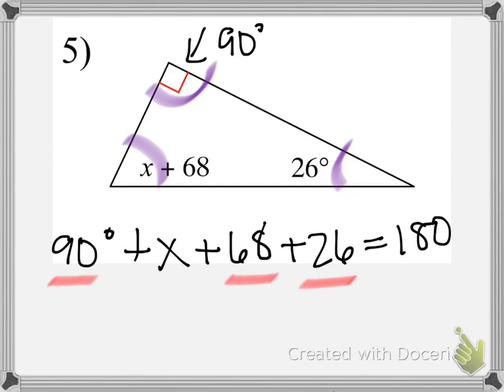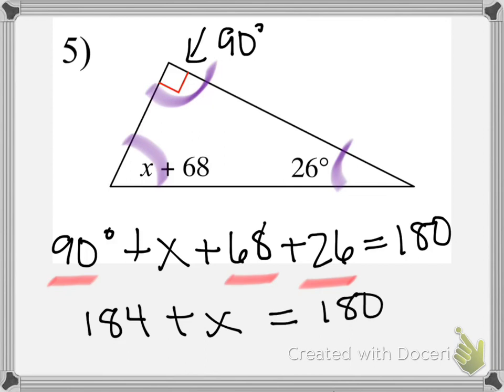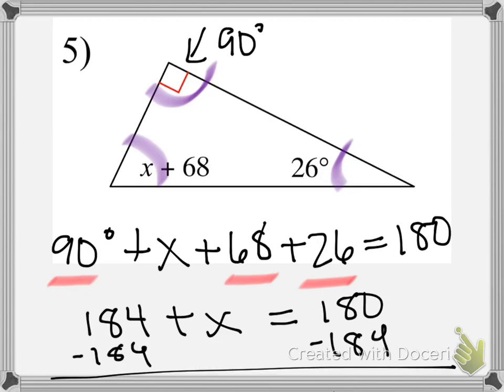And so there, when we combine all of those, we should get 184 plus our x is equal to the 180. We want x by itself, so we're going to subtract the 184. And so here the 184 is larger than the 180, so just remember that when we get our answer here, x is going to equal -4.